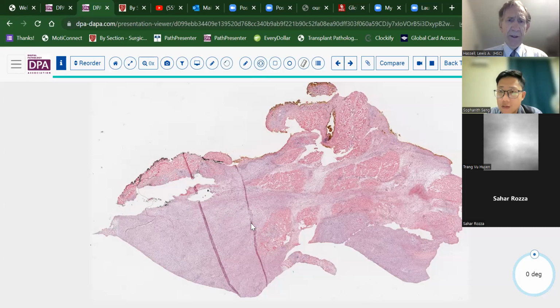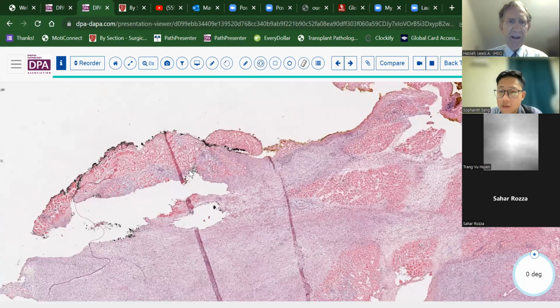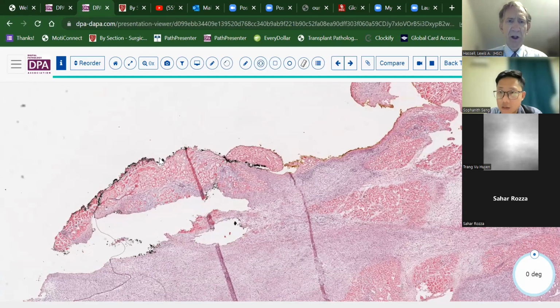So one of the techniques that we have in evaluating margins is to use an ink that will be visible on the glass slide. And in general, we use India ink. Now, India ink is a little bit tricky because it's liquid, it flows and so forth.